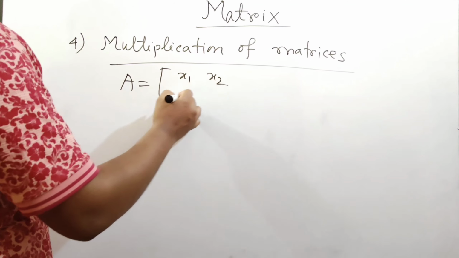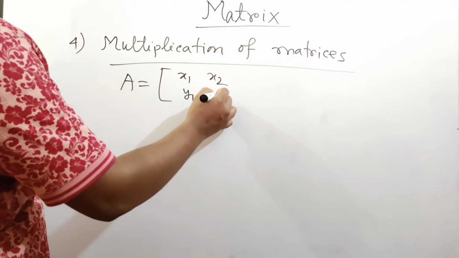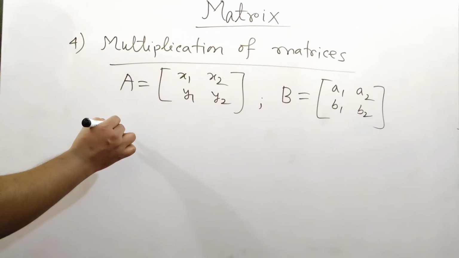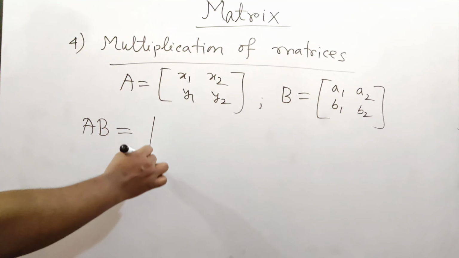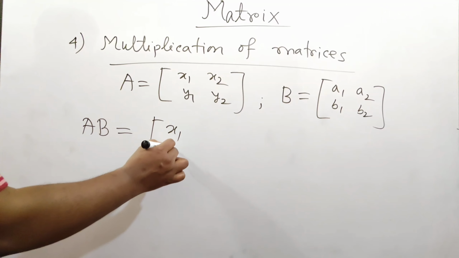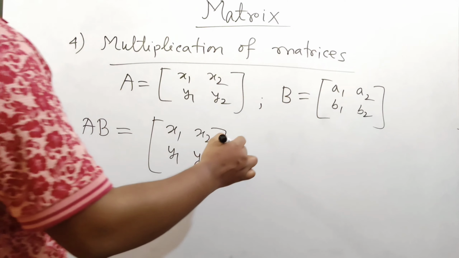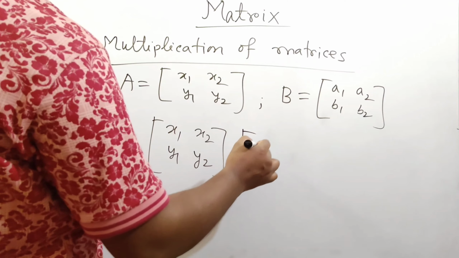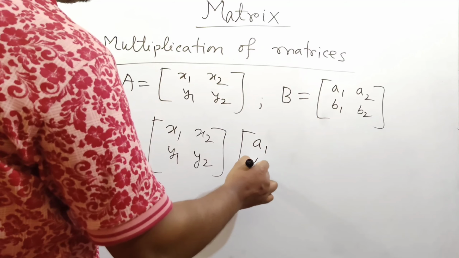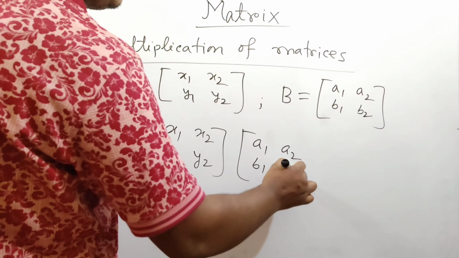B, a1 and a2, b1 and b2. If the question asks you to find the value of AB, then what should we do here? x1 y1, x2 y2, and multiply with a1 b1, a2 b2.